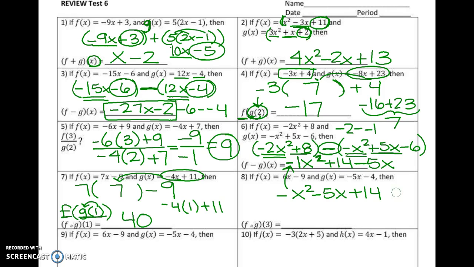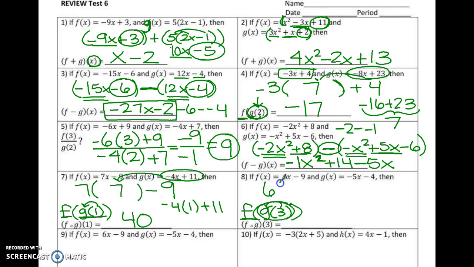Number 8. We need to, again, compose. So it's f of g of 3. So 3 is going to be put into g, and that whole thing is being put into f.